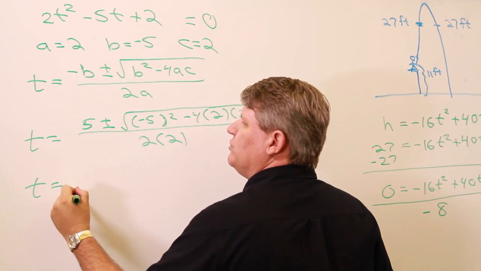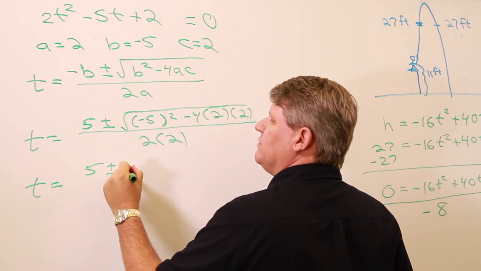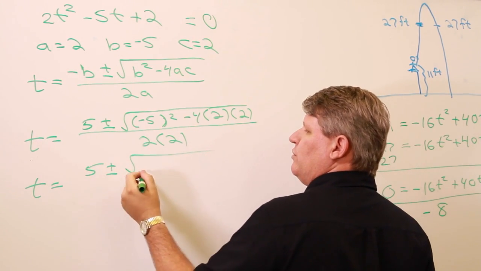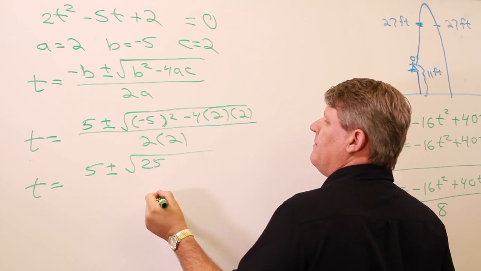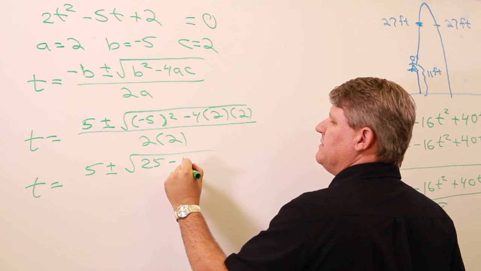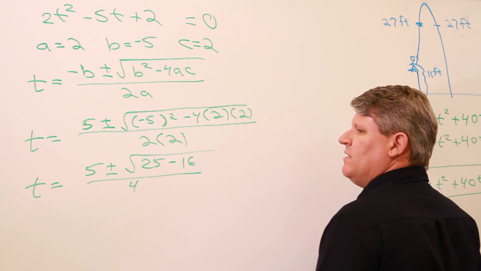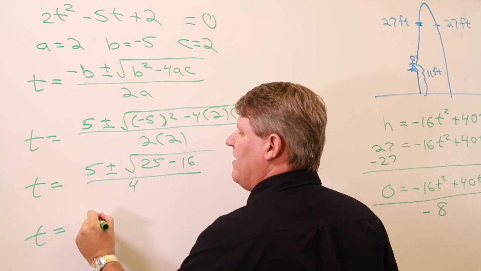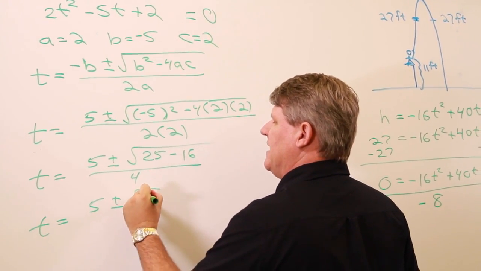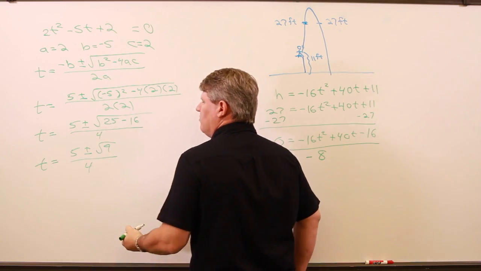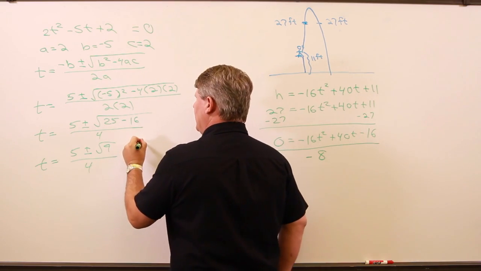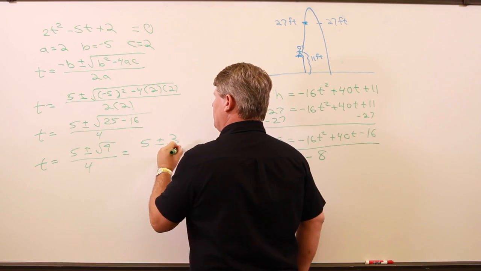So t equals 5 plus or minus the square root of 25 minus 16, over 4. Continuing to simplify, 25 minus 16 is just 9, and this problem is nice because the square root of 9 is just 3.